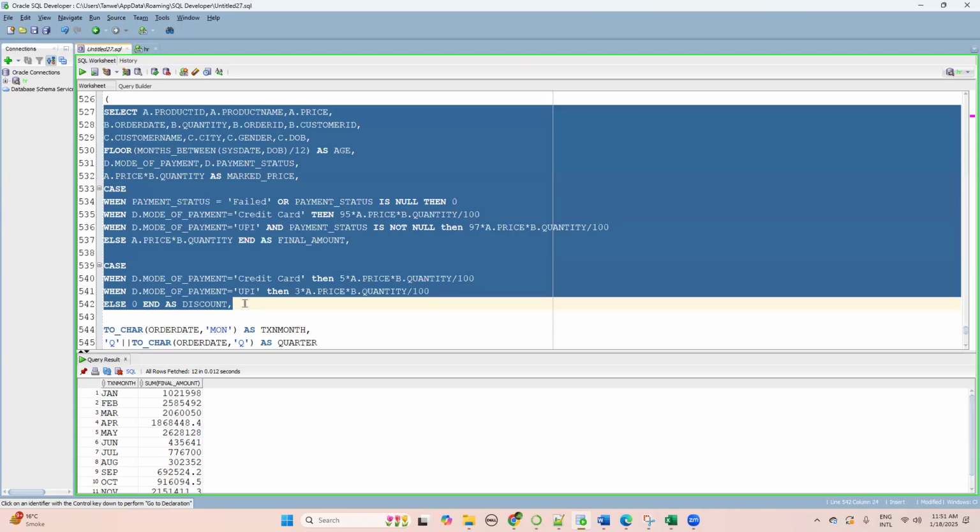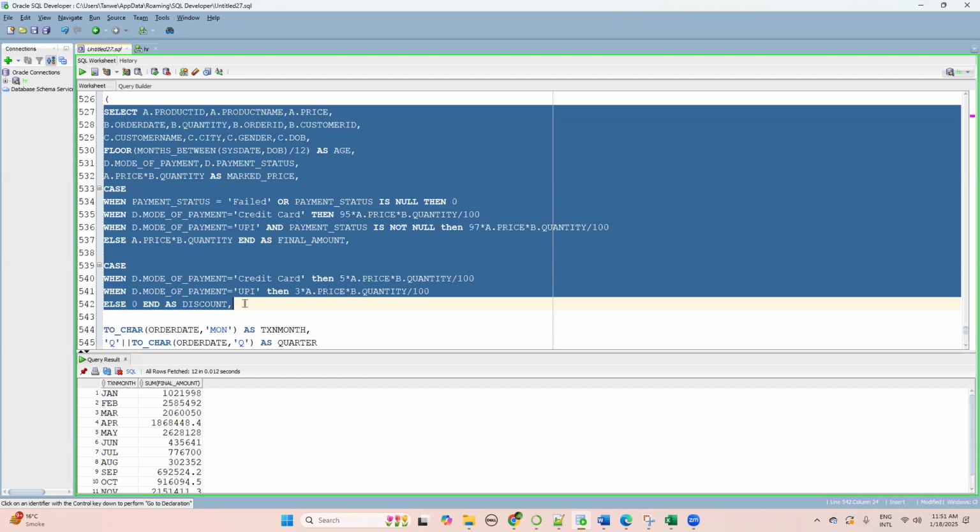Two case statements. Two, right? So point number one, listen. There is no restriction on the number of case statements in a select clause. I don't know why many candidates, when I take interviews, tell me we can use only one case statement. There is no such rule. You can use any number of case statements you wish.